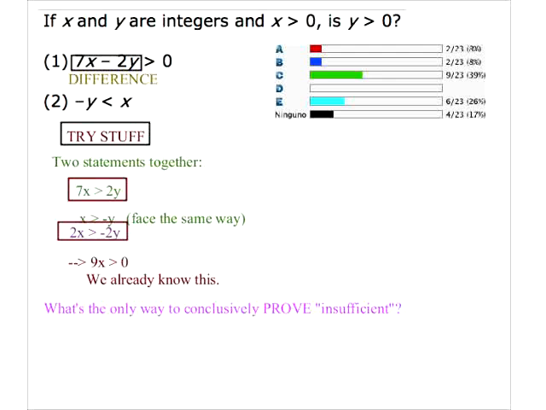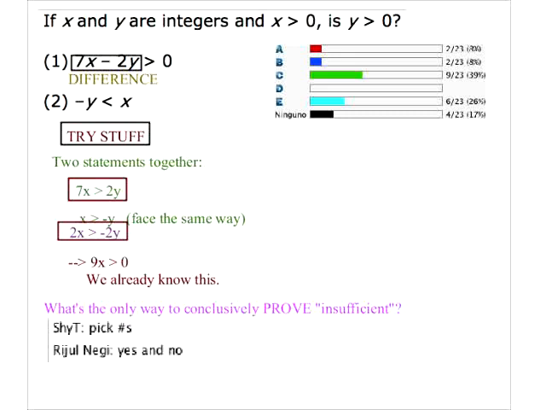Like, a lot of people are just focused on nothing but algebra here. The problem with statements that are insufficient is what insufficient means is that the algebra doesn't work. And so if the algebra doesn't work, then you're not really going to be able to show that by doing algebra. So you have to have number testing as a primary thing in your head.